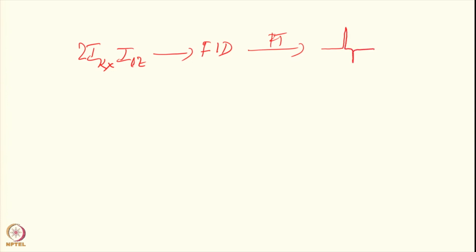So this is called antiphase magnetization. There is a J evolution that will happen during the free induction decay, and after Fourier transformation of the resultant magnetization, it will produce a spectrum like this. These are called antiphase signals.